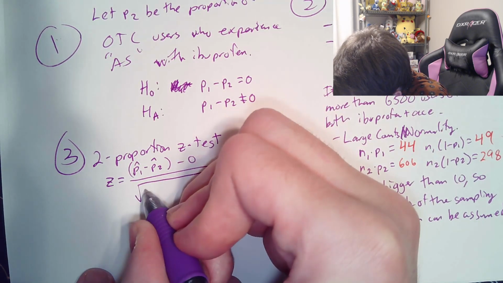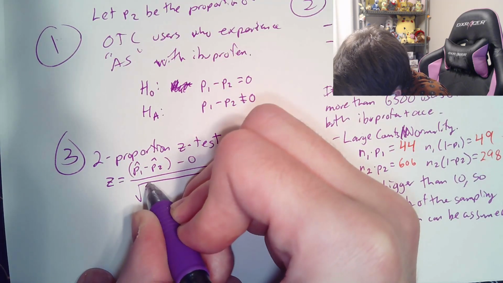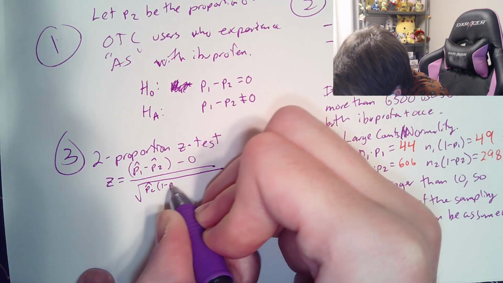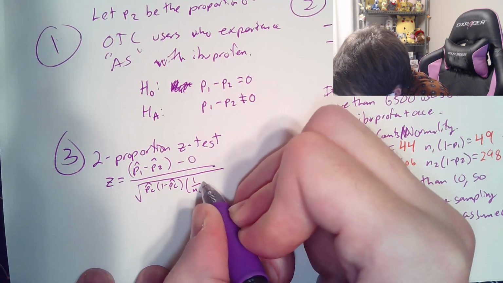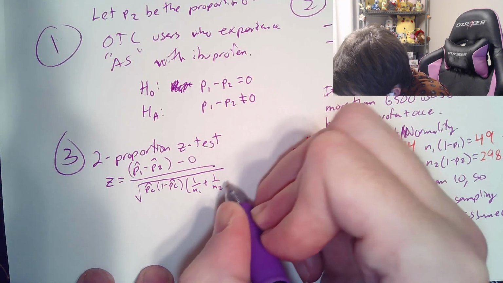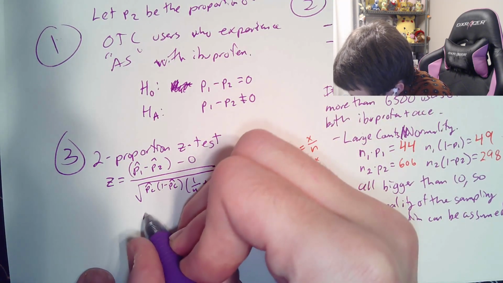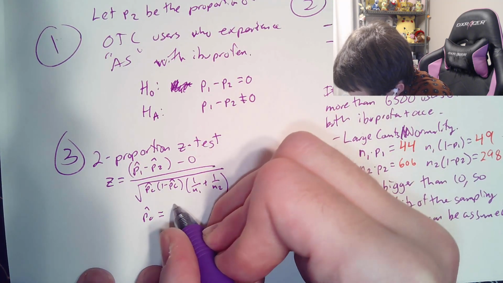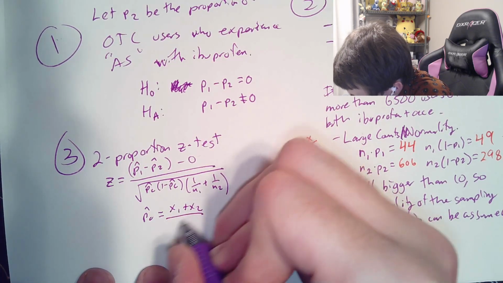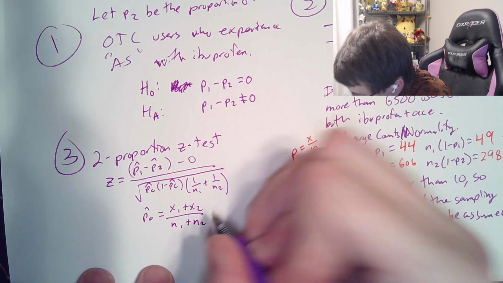And I'm going to use the one from the AP test instead of the one that I remember. So PC hat times 1 minus PC hat, and then 1 over n1 plus 1 over n2, where PC hat equals x1 plus x2 over n1 plus n2.